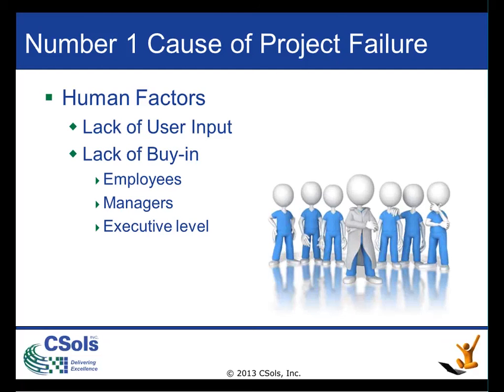That can be at the employee or worker level, people who have to use the system, or it can be at the executive level, the person who is signing off on the project, who has to fund the project and allocate the resources for it. And in between, there can be individual sites or groups that are not bought in.